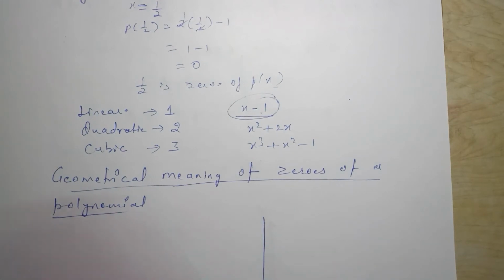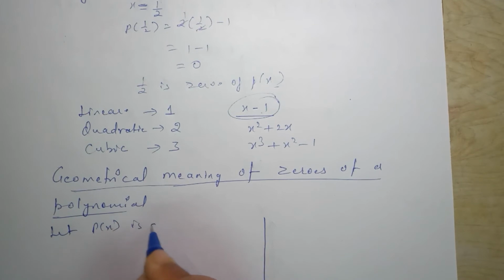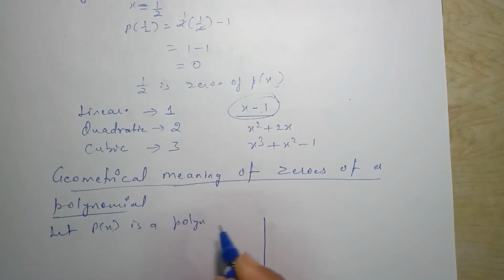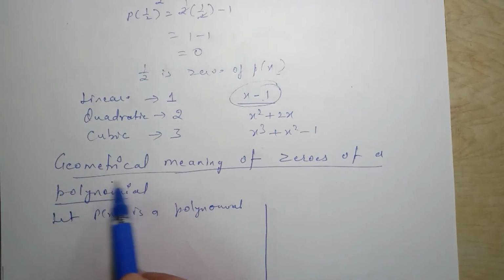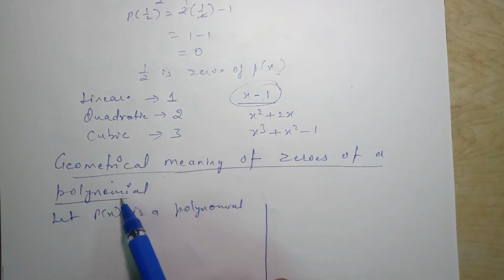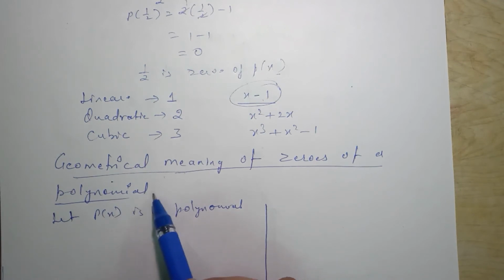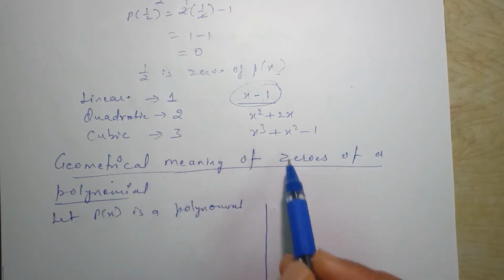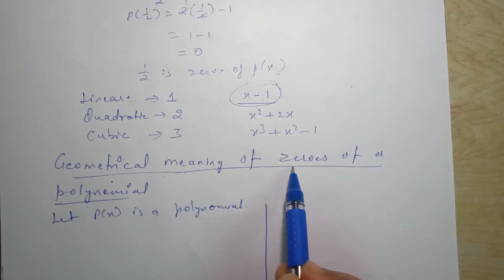Suppose let p(x) be a polynomial. Geometrical meaning means if we are plotting the given polynomial on the graph, then on the basis of the graph, how can we identify the number of zeros?